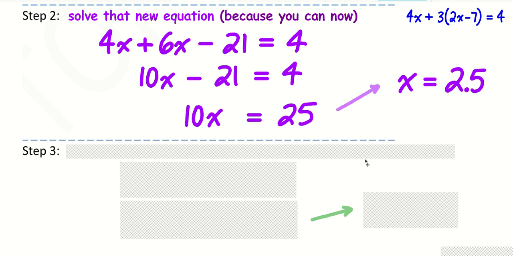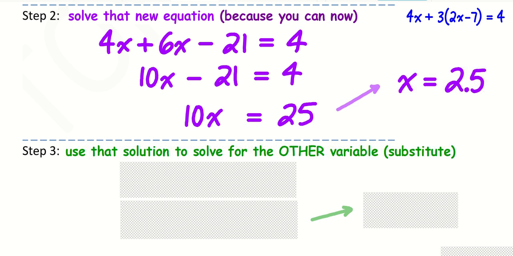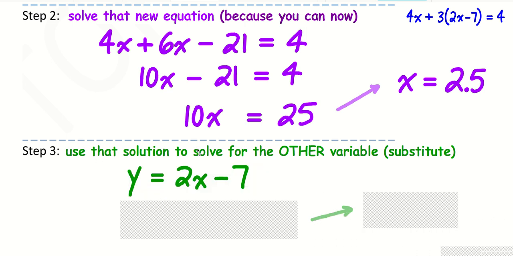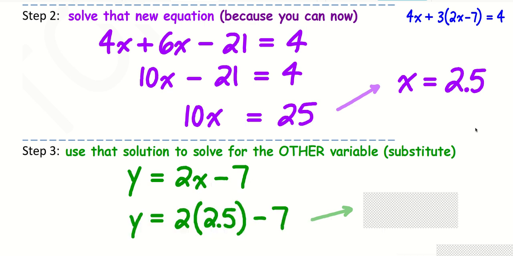But why are we not done? What did I say a minute ago? We not only need to know what x equals, we need to know what y equals. Now the good news is we can use this solution for x to our advantage. If x is really 2.5 in disguise, you can substitute that into one of your equations.